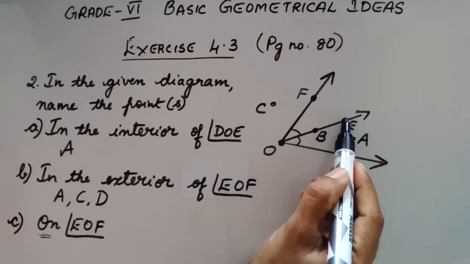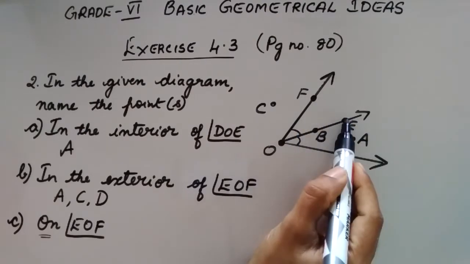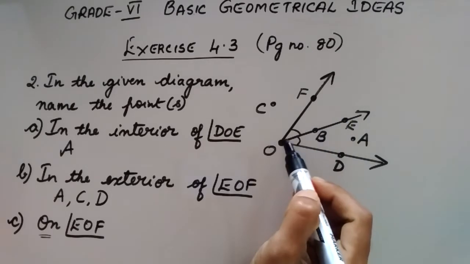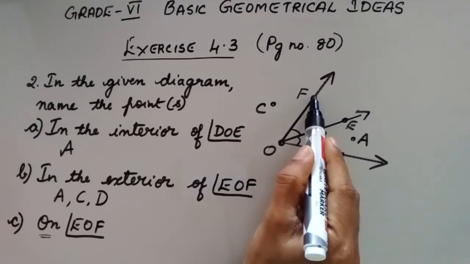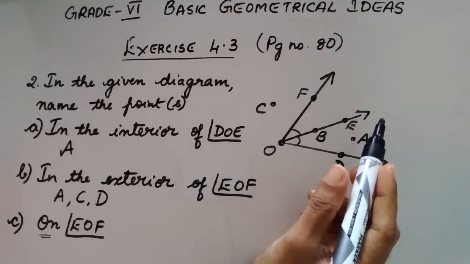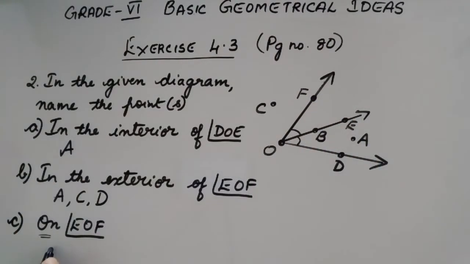We find point E, point B, point O, and point F. So the points are point E, point B, point O, and point F. Is this clear, students?